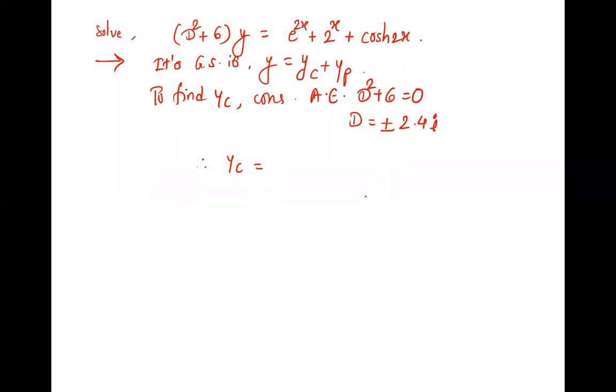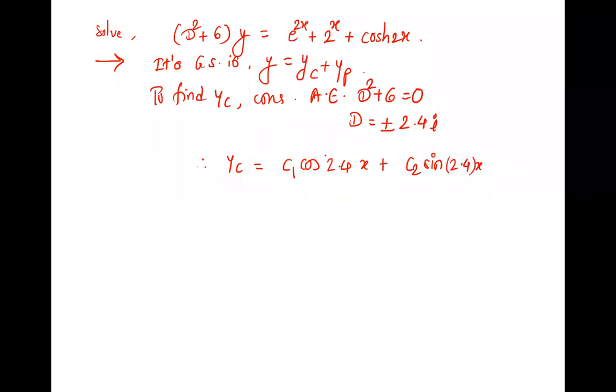Then tell me the solution, please. YC is equal to? This is of the type alpha plus minus i beta. Alpha is 0. So e raised to 0x in bracket C1 cos 2.4x plus C2 sin 2.4x.